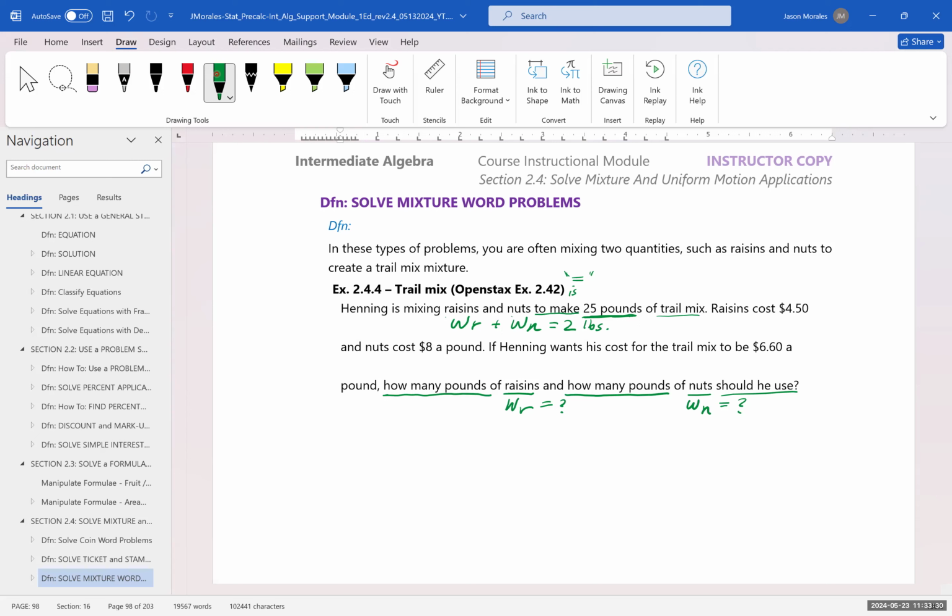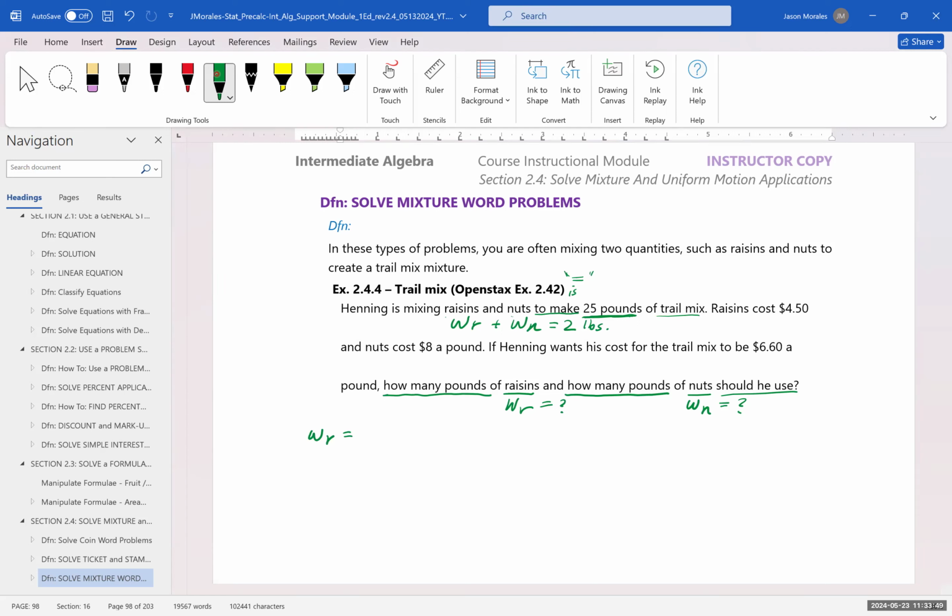Raisins cost $4.50 per pound, and nuts cost $8 a pound. If Henning wants his cost for the trail mix to be $6.60 a pound, how many? Okay, so let's write what we've done so far a little more formally, following the same pattern.